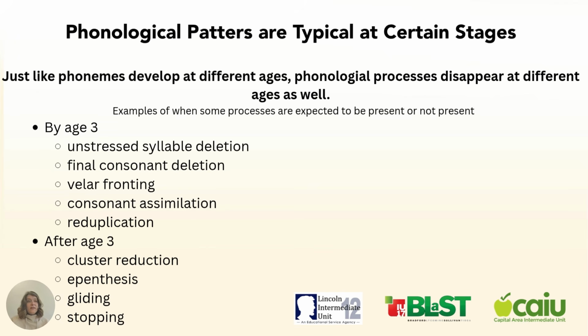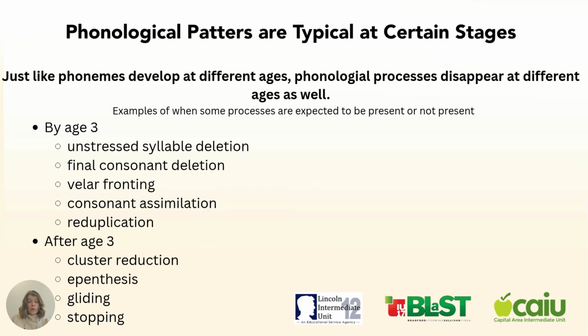An example of that would be when students say tat instead of cat. We also have reduplication. That's when we hear young children saying baba instead of bottle. So those are all examples of those phonological patterns and processes that are really starting to disappear by the age of 3.